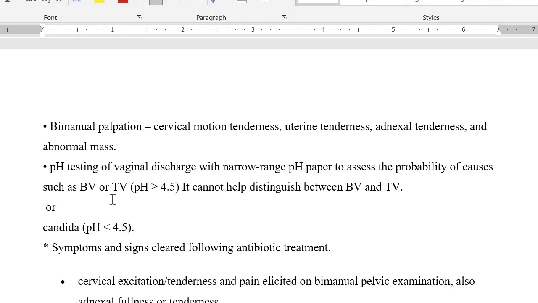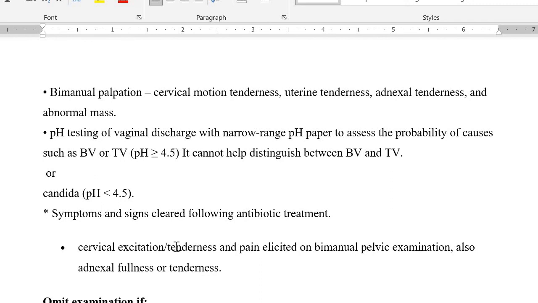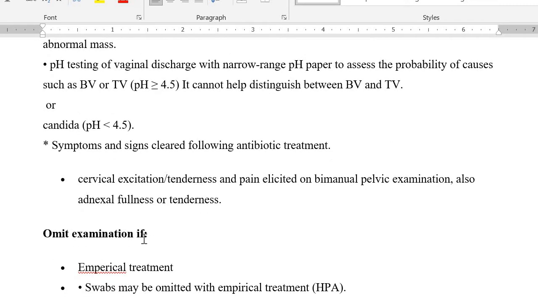In bacterial vaginosis or Trichomonas vaginalis, the pH is going to be more than 4.5, and it cannot distinguish between bacterial vaginosis and trichomoniasis, while candida will be suspected if the pH is less than 4.5. Symptoms and signs are cleared following the antibiotic treatment.